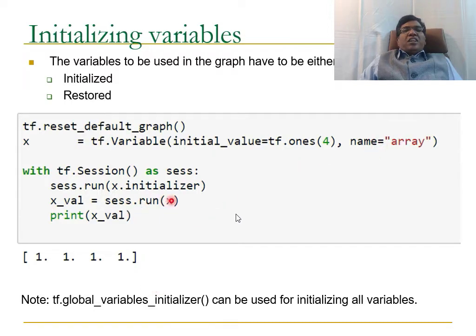When session.run invokes this initializer, the variable is initialized. Alternatively, tf.global_variables_initializer can also be used for initializing all the variables. This is for one variable, this is for all the variables.